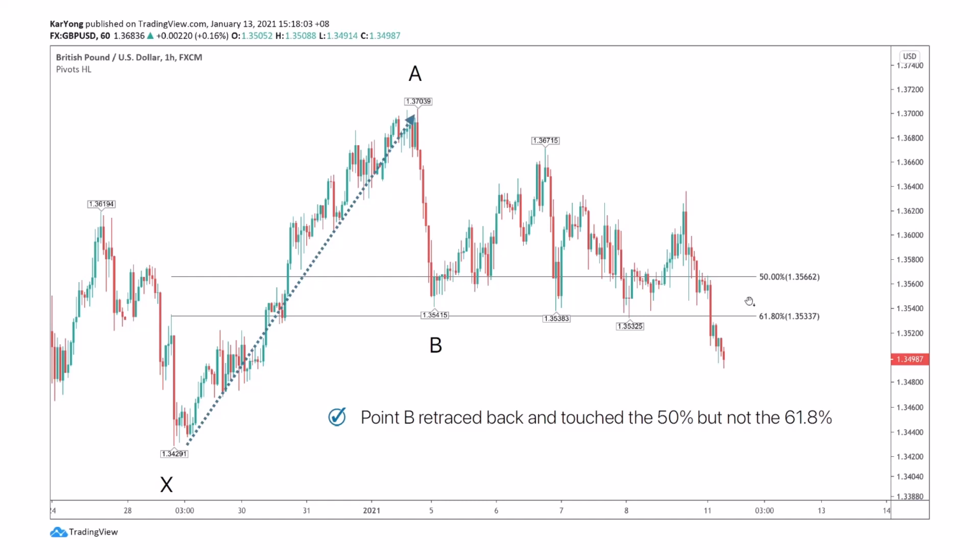In this case, it touched the 50, it crosses the 50, but it did not touch 618, so it's still considered 50. You can follow me there. So what we would say, or how we communicate the idea, is that B retracement is 50%. That's how we communicate the idea of it.